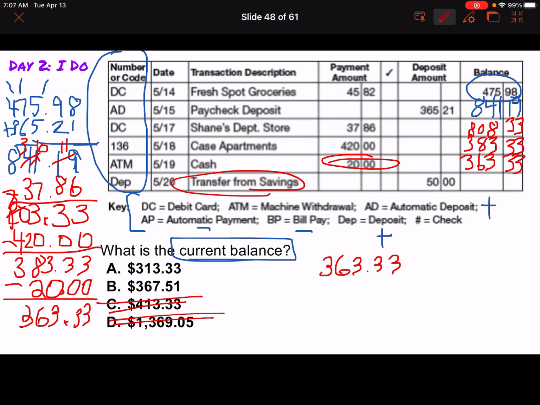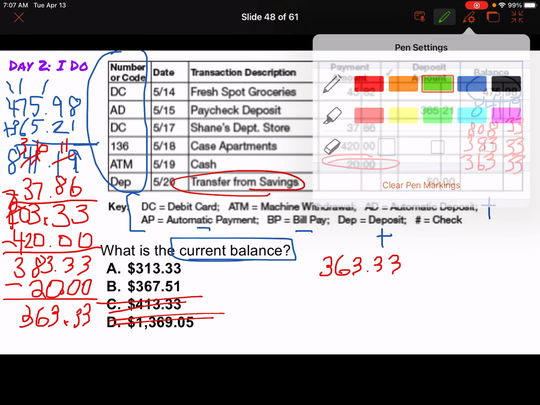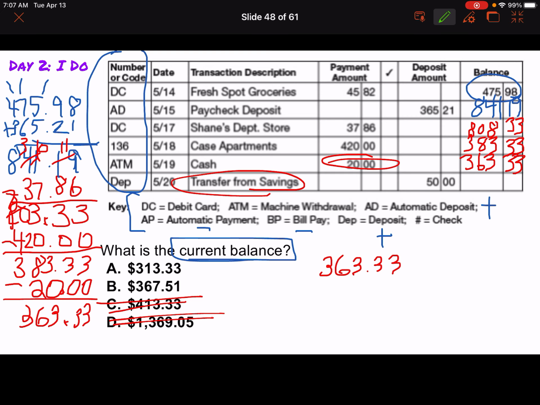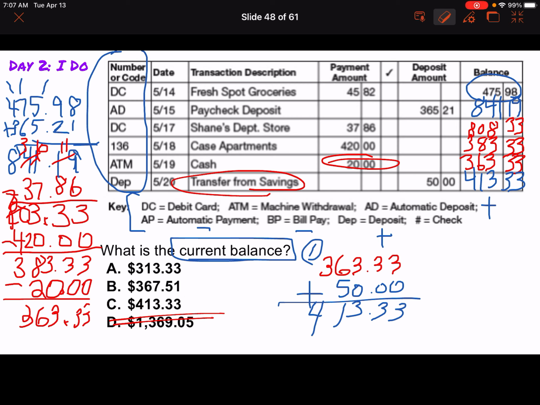And I add it. Be consistent, so blue for positive $50. I have $413.33.